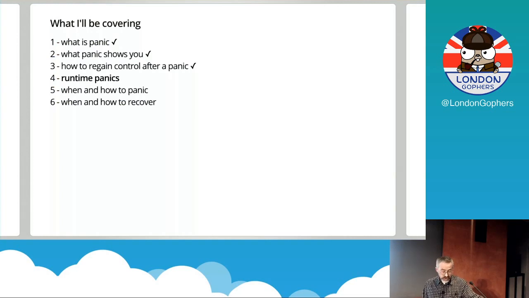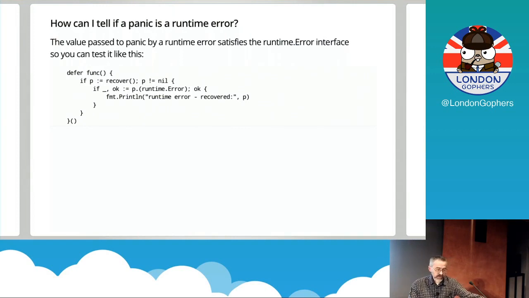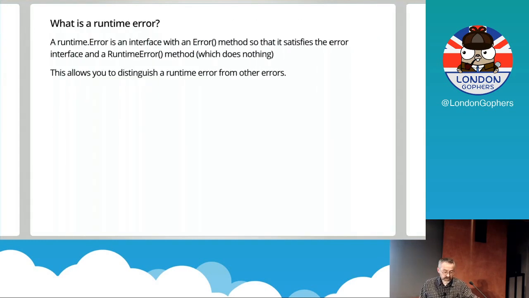So now let's talk a little bit about runtime panics. If you want to know whether the panic that you received was a runtime error, you can tell by checking the type. Runtime errors are of a specific type, and it's a type of runtime.Error.